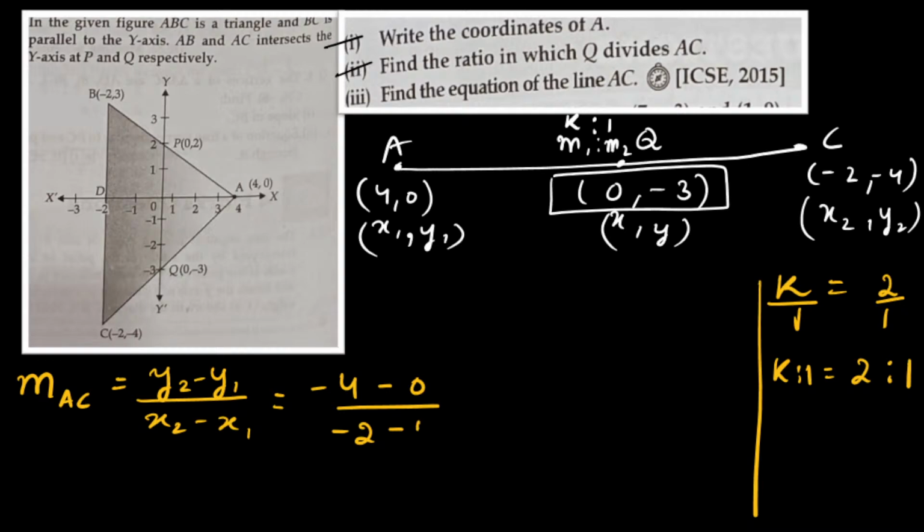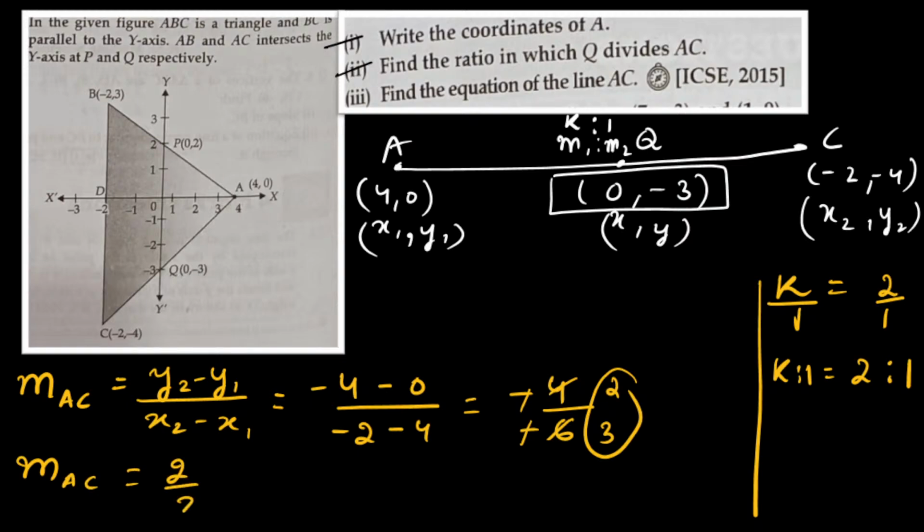Minus x1 is 4. So minus 4 minus 0 is minus 4. Minus 2 minus 4 is minus 6, because minus minus plus with minus sign. So this will become 2 by 3. 2 into 2 is 4. 2 into 3 is 6. So slope of AC is equals to 2 by 3.